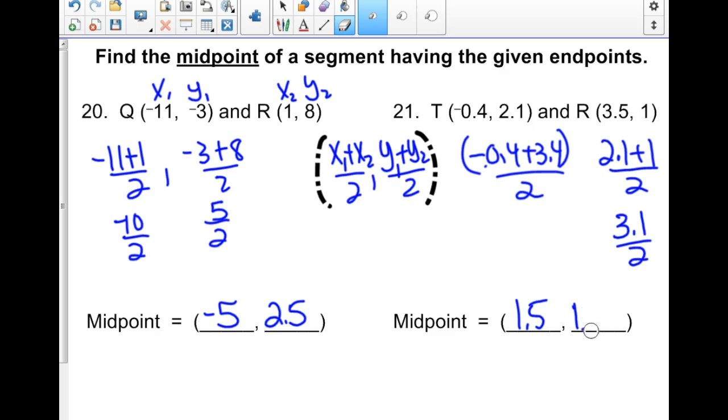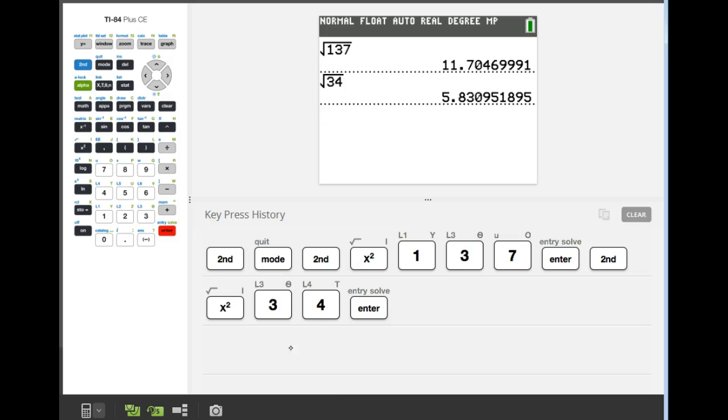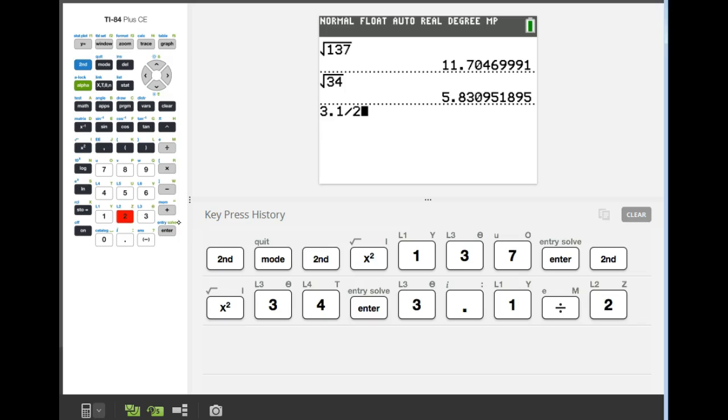Why am I doing this in my head? I don't know, but whatever. I like to do mental math. So you could verify that, of course, on your calculator. 3.1 divided by 2. Okay.